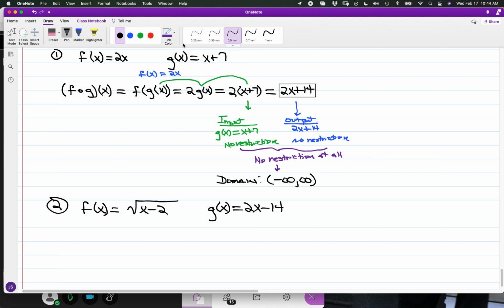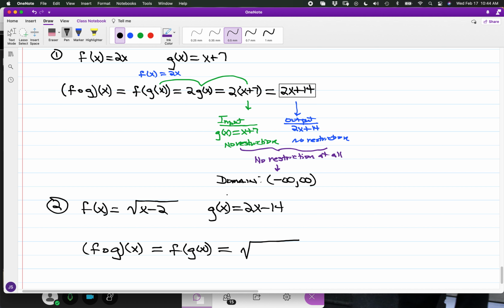Again, still working with f composed with g of x. Okay, so you have f of g of x.